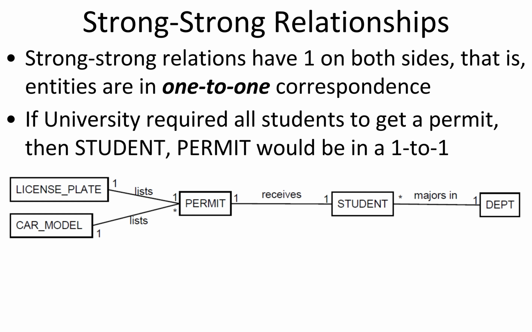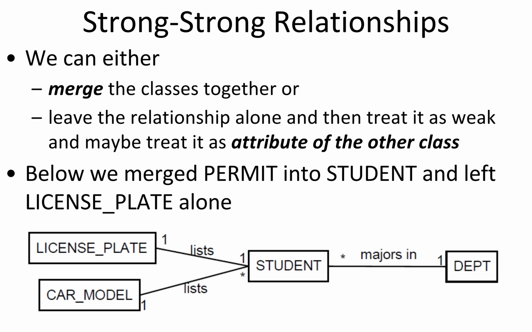Because it's a one-to-one, instead of its own class, it could just be a couple of fields in there, since you're just going to have it for that particular student. We could have the permit class just be subsumed inside of the student class. And then the student can have foreign keys back to the car model and keep track of the license plate, depending on how granular you want to represent cars. In this particular case, license plate is enough.